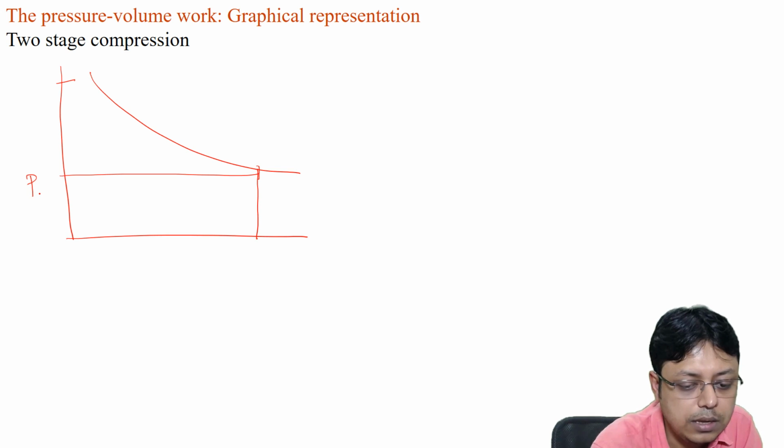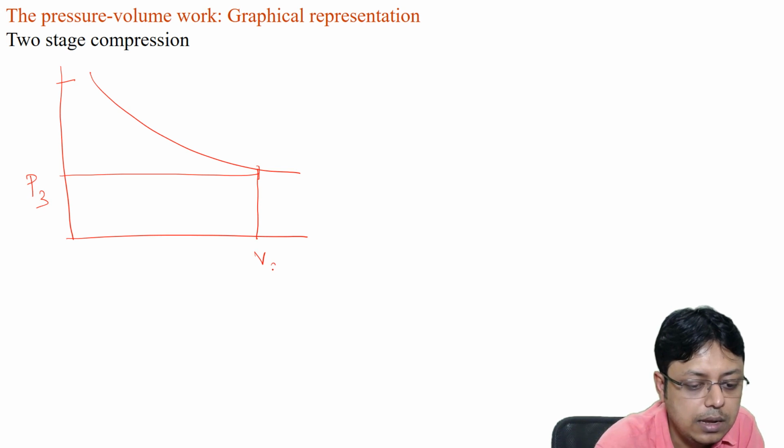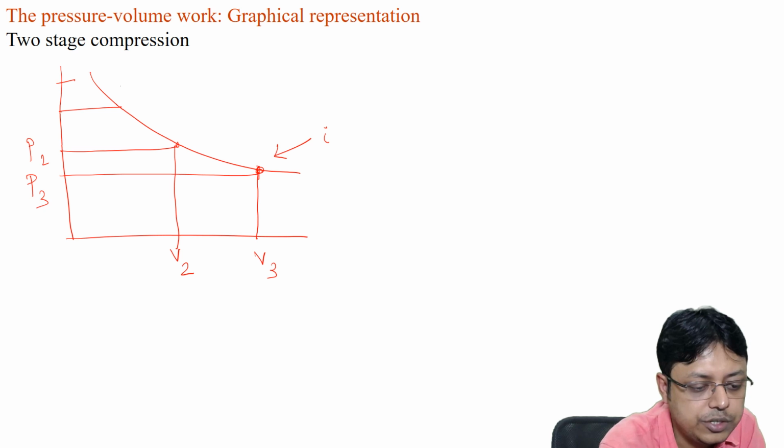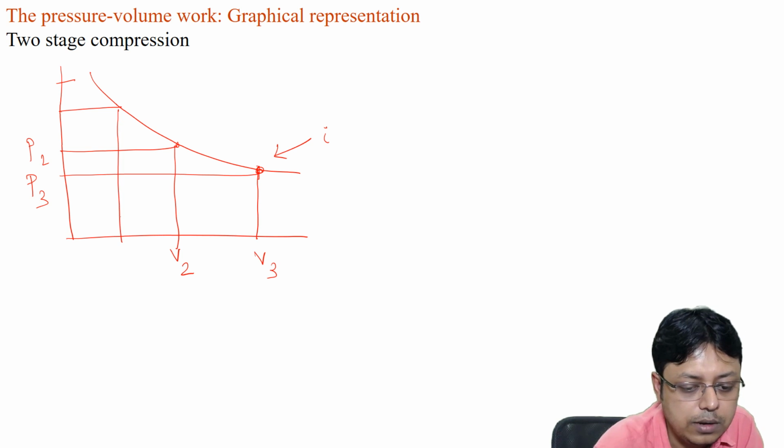So this was my initial state. And then we'll go through an intermediate state where the volume is V2 and the pressure is P2, and then in the final state we'll go back to the pressure P1 and volume V1.